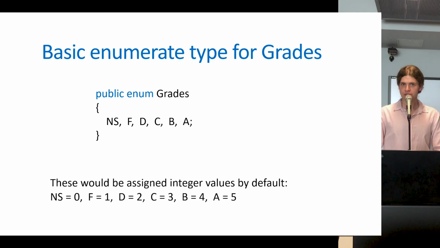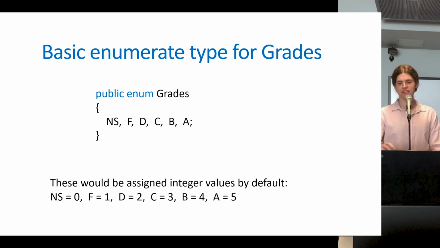And if we don't specify values for these, they would be assigned integer values by default. So starting from the first defined enumerate type, NS would have the integer value of 0, and then it would increment from then on. So you see A has the integer value of 5 there.